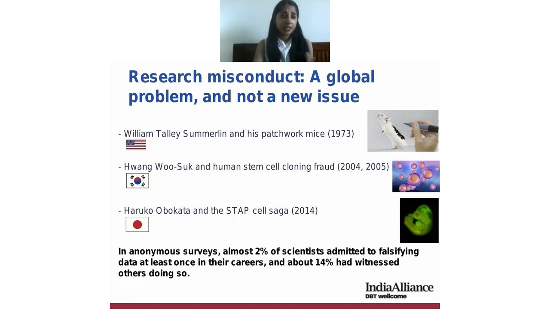So starting in 1973, I picked up this example because a lot of you are animal researchers. Now, Dr. Summerlin was a veterinary researcher. He claimed that he had developed this ability to transfer skin cells from black mice onto white mice, and then those white mice would grow these black patches.